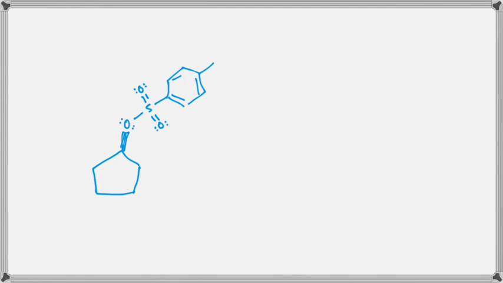Would I expect this to do a substitution reaction? No. Why not? It's not a good leaving group. What's the leaving group? Either side of the O, let's push on that a little bit.